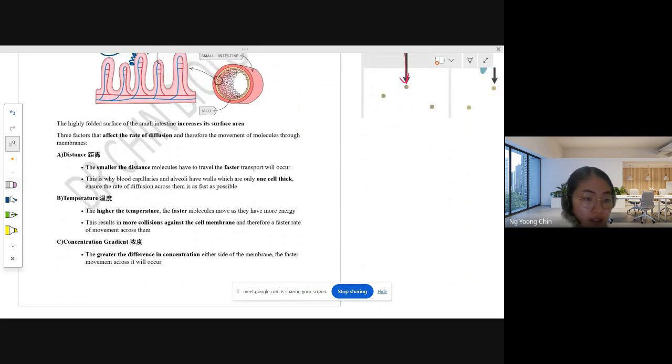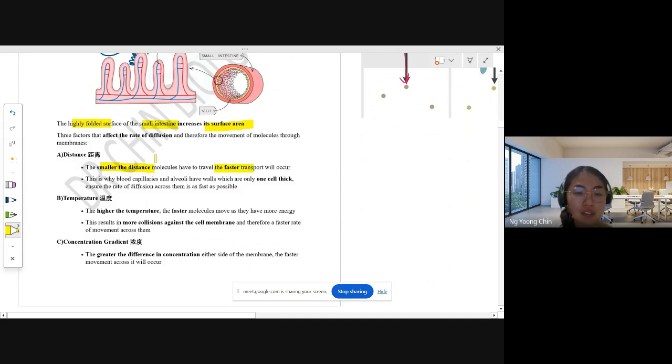This highly folded surface of the small intestine increases the surface area. Another factor affecting the rate of diffusion is distance: if you travel a shorter, smaller distance, you have a faster rate of diffusion.